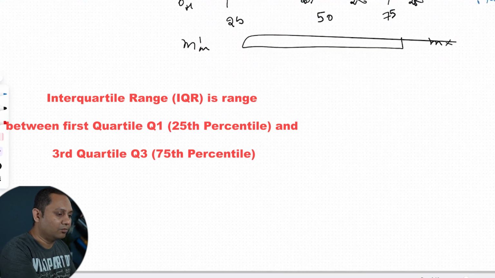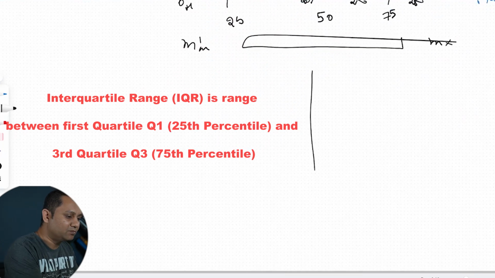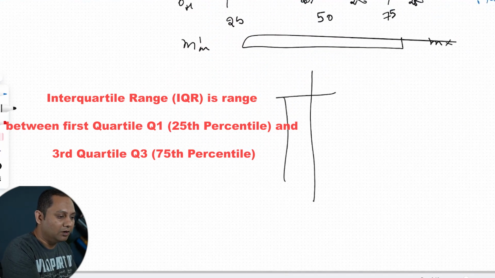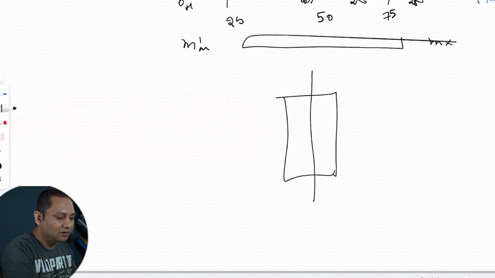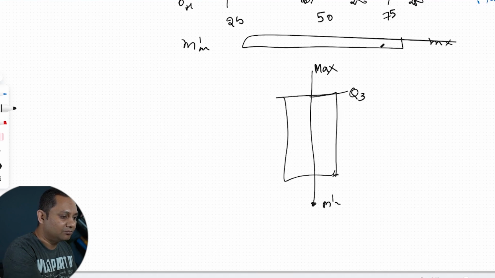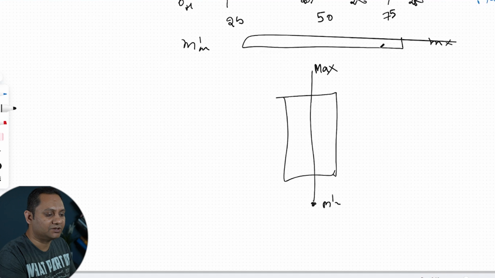Now, something that you will obviously do a lot in your study: most of the software programs, if you ask them to do a box plot, will do a box plot like this. So this would represent your minimum, this would represent your maximum, this is the third quartile, which is the 75%.